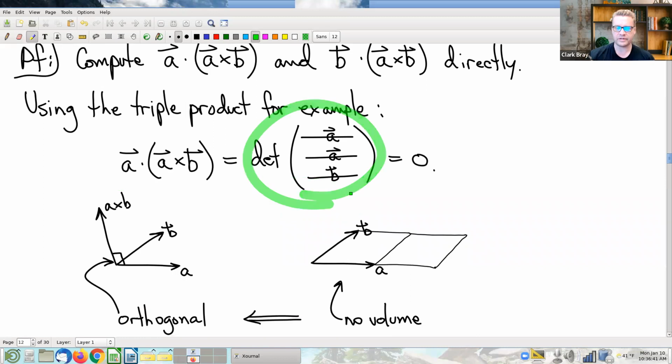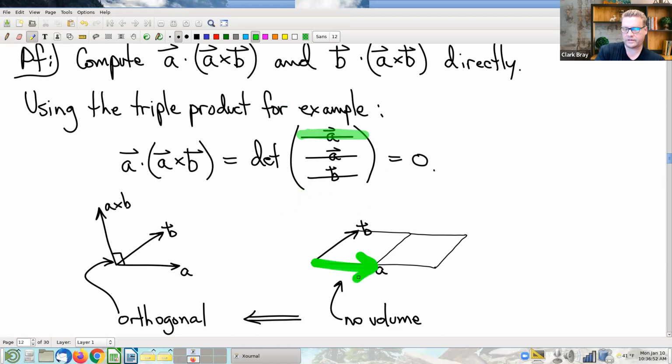So specifically, this determinant, being a determinant, its magnitude is a volume. It's the volume of the parallelepiped that I get by taking this first vector, A, this second vector, also A, and this third vector, B, and I'm supposed to make the parallelepiped whose edge vectors are A, A, and B. And well, two of those vectors are the same vector.